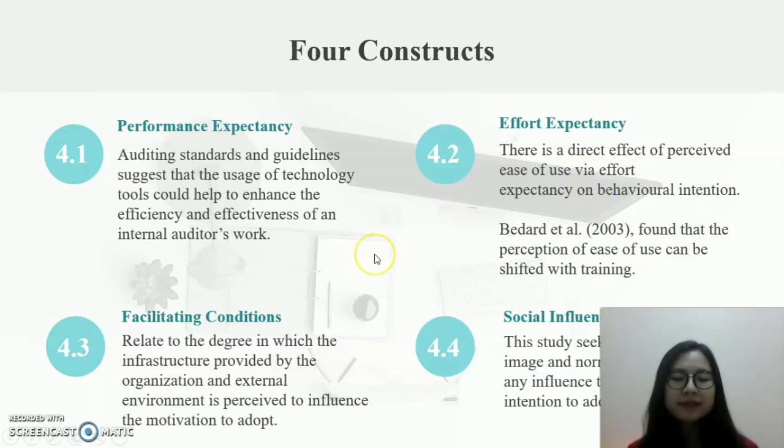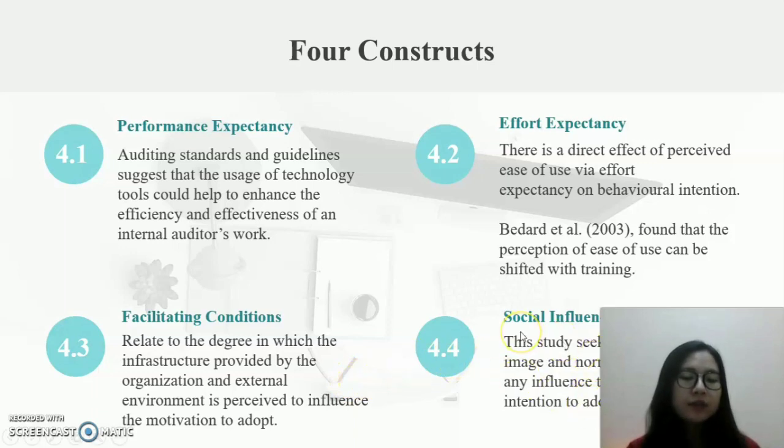And next, facilitating conditions, which relate to the degree to which the infrastructure provided by organizations and the external environment is perceived to influence the motivation to adopt. This construct will affect the decision to adopt a CAATT, for example whether they have support from vendors or software providers or senior management in their organization.